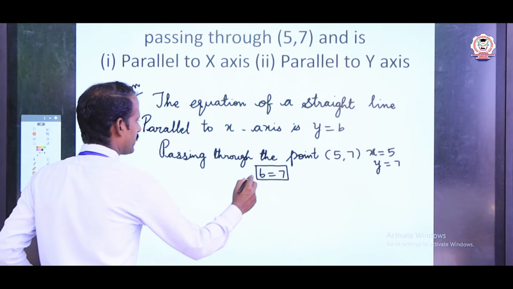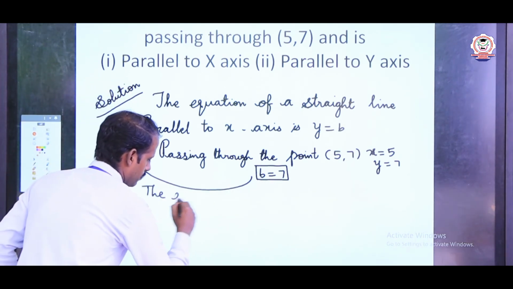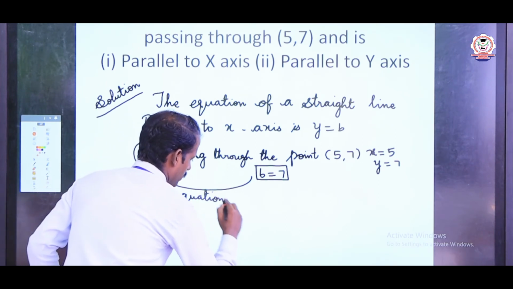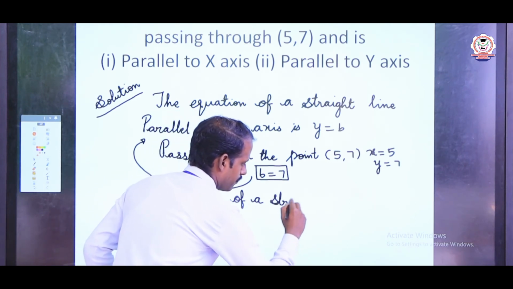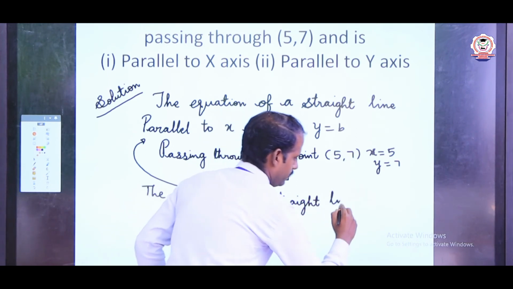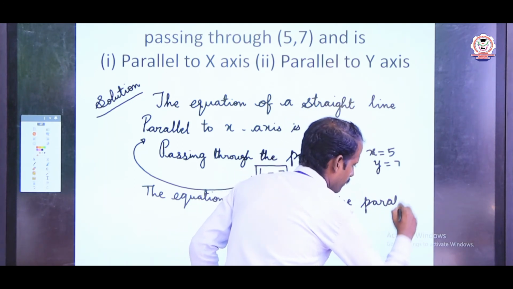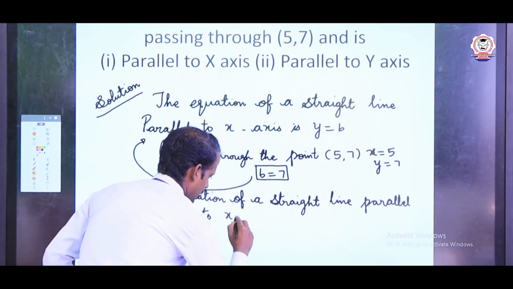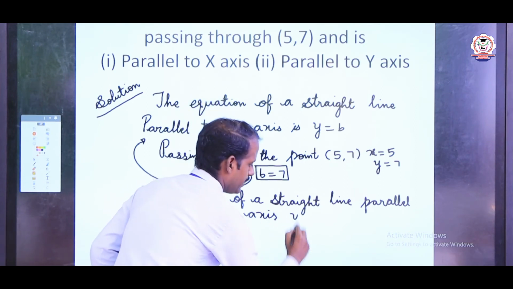Again you substitute in the equation of the parallel line. So the equation of the straight line parallel to the x axis is y equal to 7.